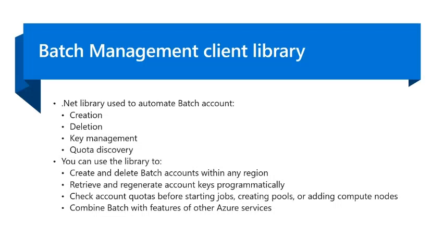Then it creates a sample job that runs tasks to process each input file on the pool using a basic command. After completing that, you can simply get the output.